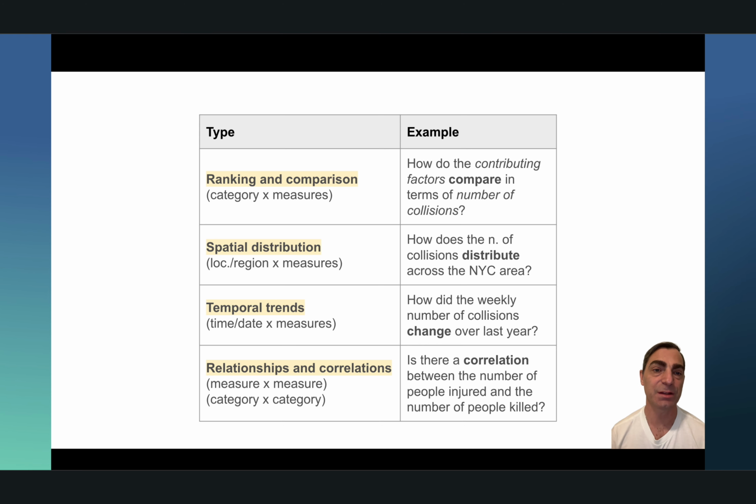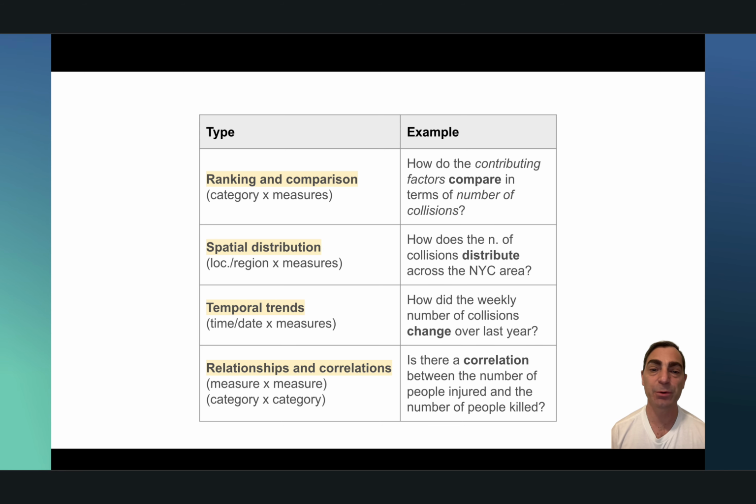So that's the main thing that you can do when you put together a set of categories with a measure. The second one is spatial distribution, where you put together locations or regions and measures. And an example here is how does the number of collisions distribute across the New York City area.